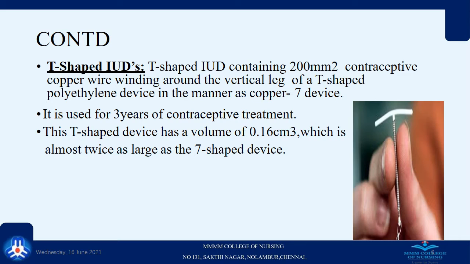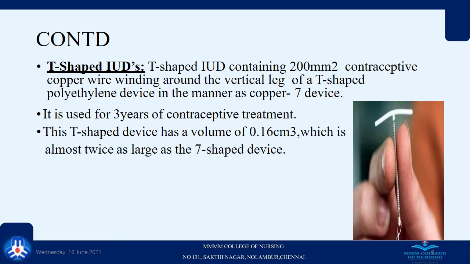Next is the T-shaped intrauterine device. The T-shaped intrauterine device contains 200 millimeter square of contraceptive copper wire winding around the vertical leg of a T-shaped polyethylene device in the same manner as the copper 7 device. This is the same as copper 7, but the shape is slightly different.